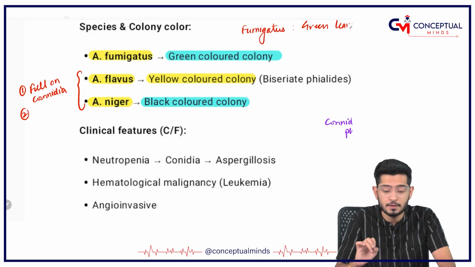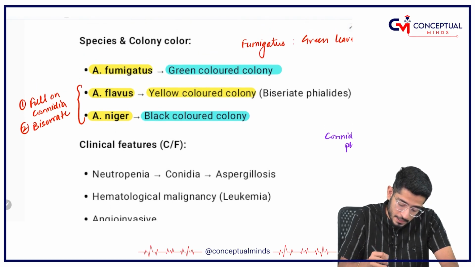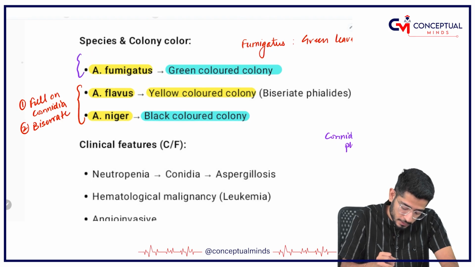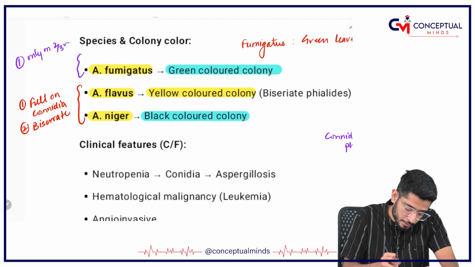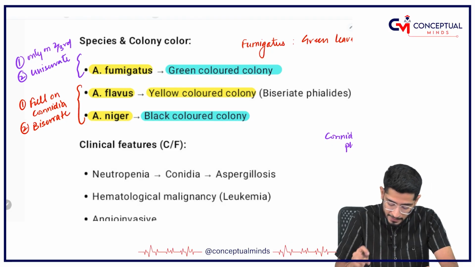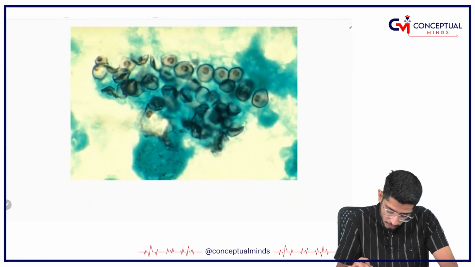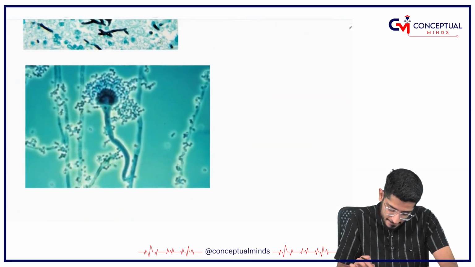Number two, that's very important, is that these are biserate. Whereas fumigatus has conidia only on the upper two-thirds, and it is uniserate because it has only one layer of phialides. Now watch here.